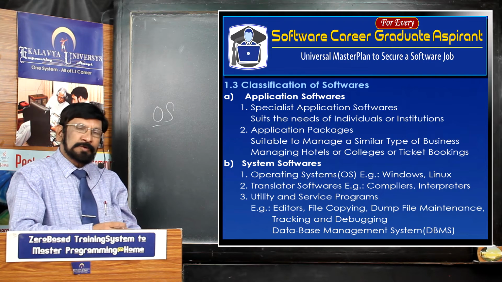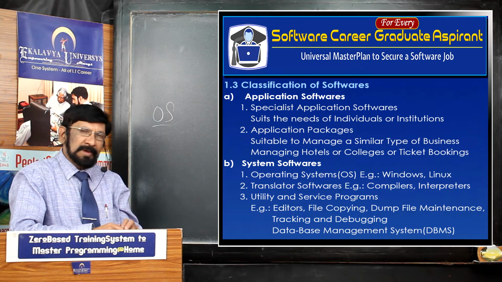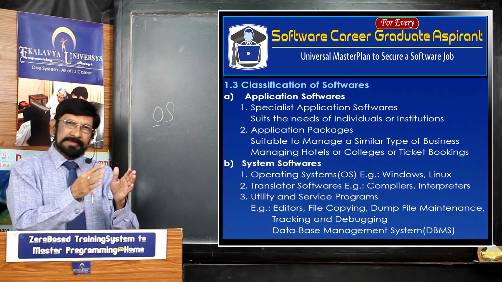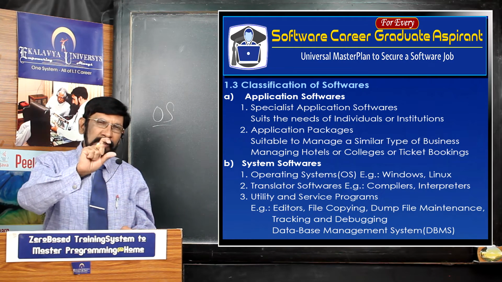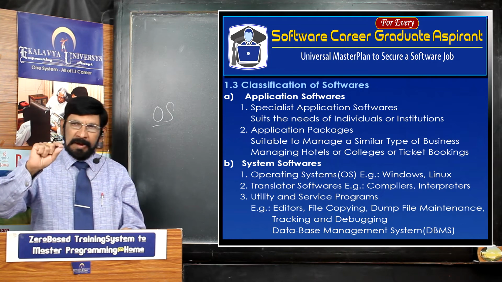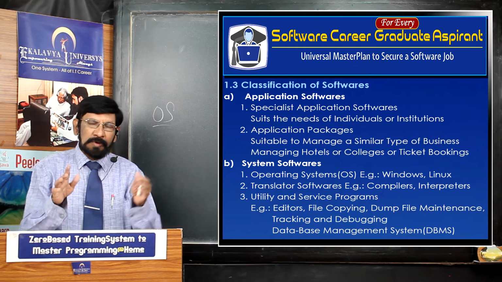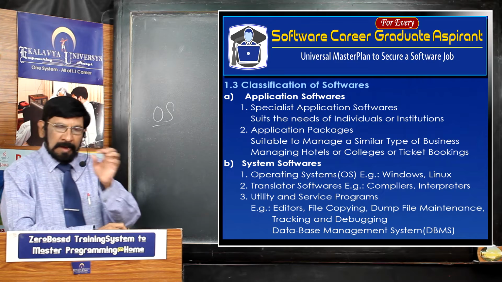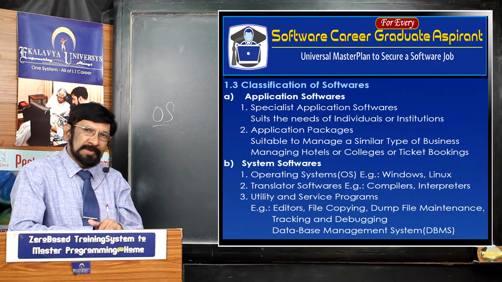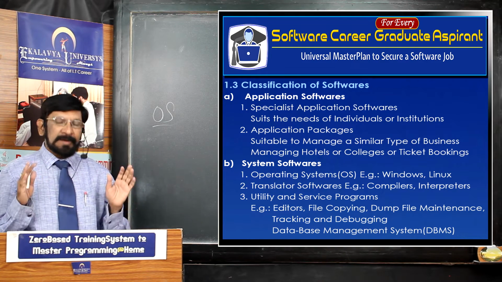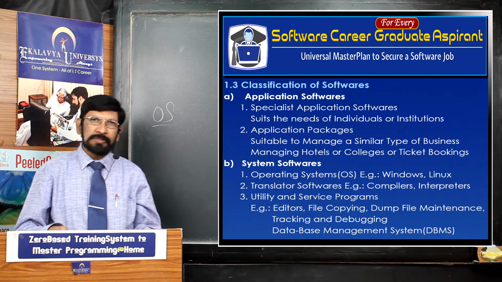Otherwise, the language cannot be implemented on the system, because whatever language it is, that is a high level language, developed in English-like words, digits, etc. But the computer's language is binary. So, in order to make them compatible, compiler software is developed. Those are called translator software. In the next concept, I am going to explain about that.